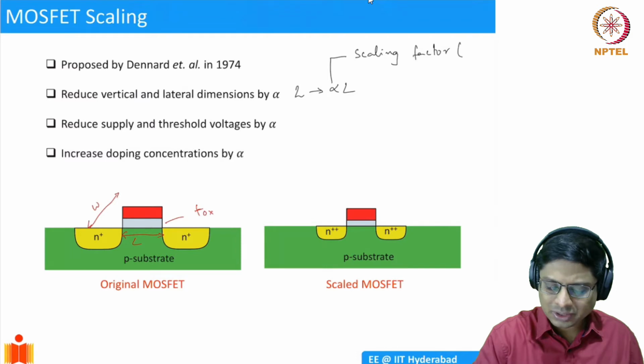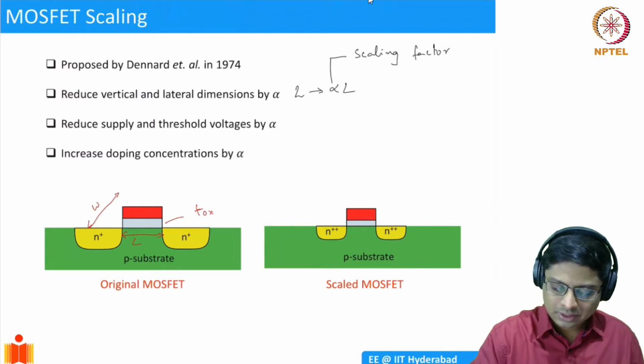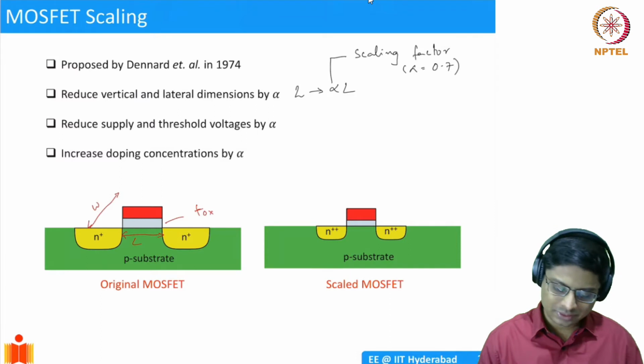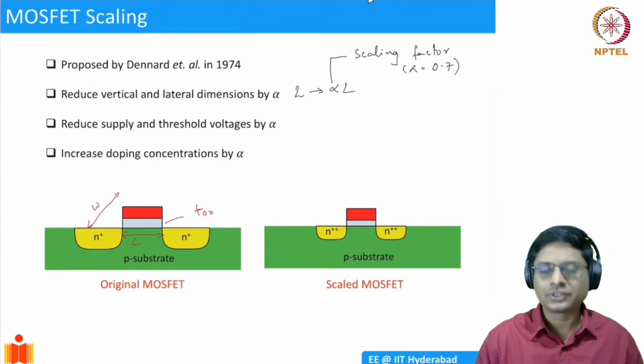For today, we will assume that it is 0.7, so alpha equal to 0.7. We are essentially reducing the size by about 30%. If L was initially 1 micron, then after the scaling, L becomes 0.7 microns.